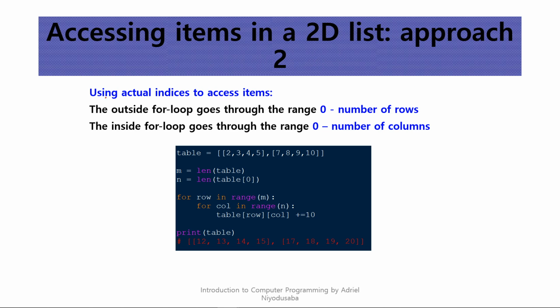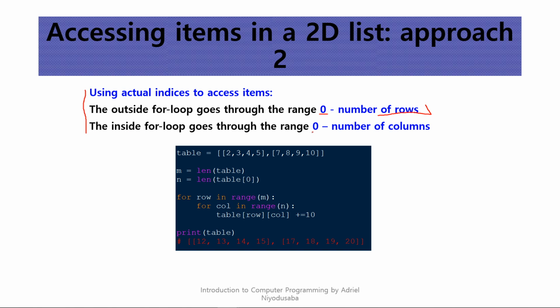The second approach, which is more practical and more powerful, is using the actual indices to access items. So we use the index for the row and the index for the column. Remember that we count from 0 every time. The outside for loop will go through the range of 0 up to the number of rows.